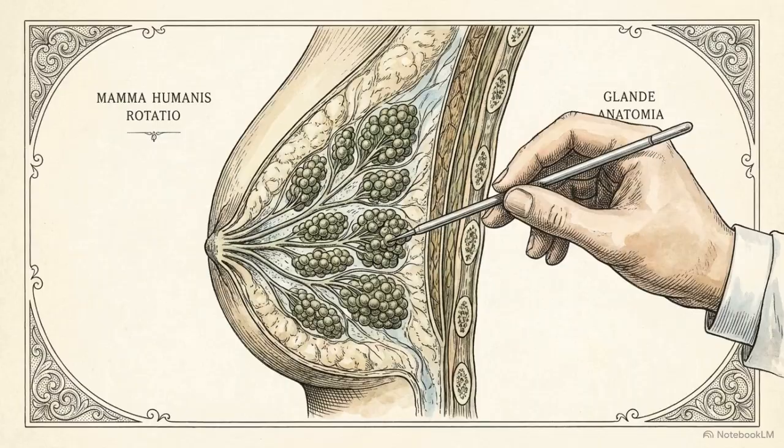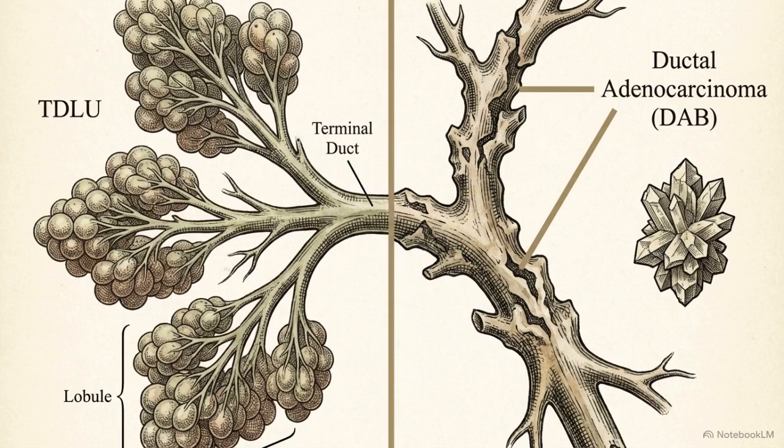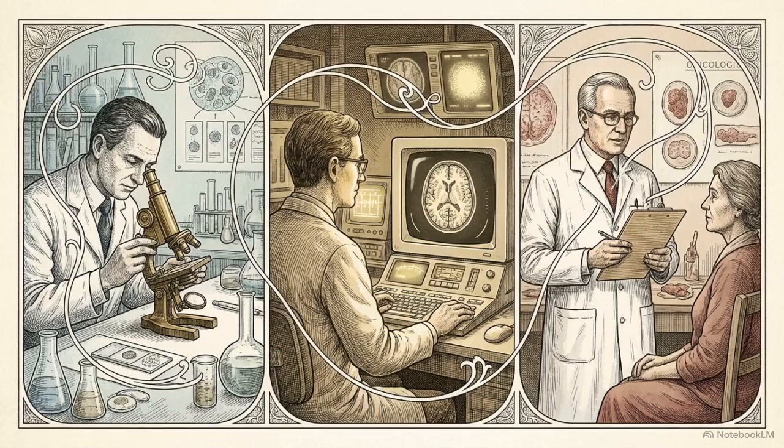The corrected anatomical mapping model is straightforward. TDLUs produce acinar adenocarcinomas, marked by powdery or crushed stone calcifications, and stellate or circular masses. The major ducts produce ductal adenocarcinomas, marked by casting-type calcifications. Pathologists, radiologists, and oncologists must adopt a unified, anatomically accurate language.